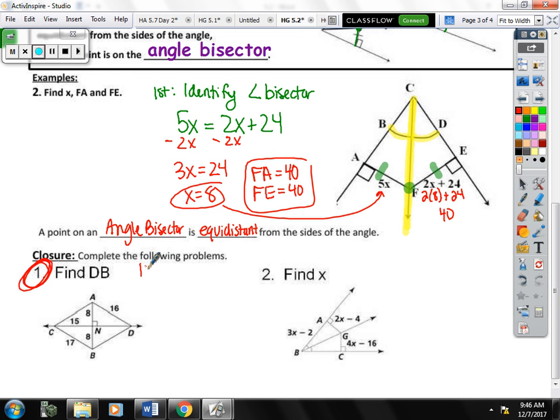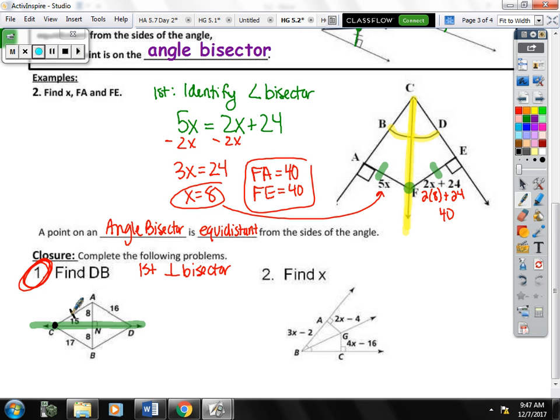Remember, the first step is to identify the perpendicular bisector. The perpendicular bisector in this problem is CD, not AB. CD is the perpendicular bisector. So the theorem says any point that lies on the perpendicular bisector is equidistant.